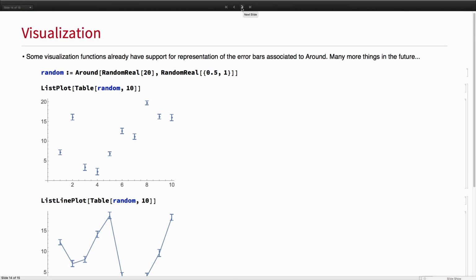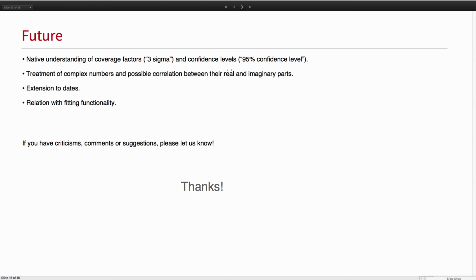Okay, and in my last minute, I will just talk about new things that we want to do here. So we need a native understanding of coverage factors, like when you say 3 sigma, or confidence levels, when you say 95% confidence level. So we need a way of expressing that directly inside around, and it will know what to do. We need to see how to treat complex numbers and the fact that typically the real and imaginary parts are correlated, because you do operations and they rotate in complex space, and so they get correlated.